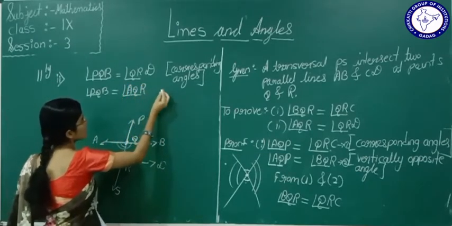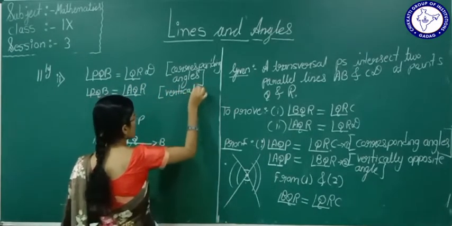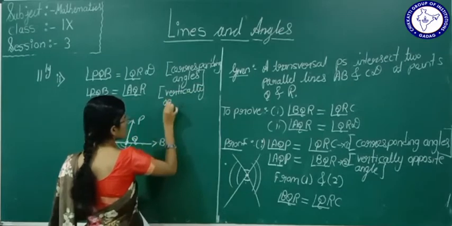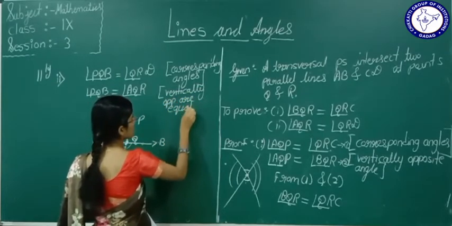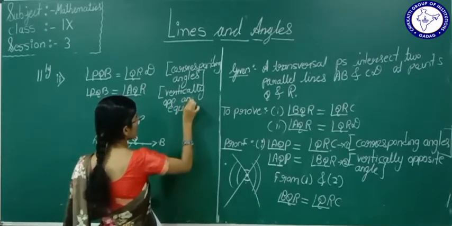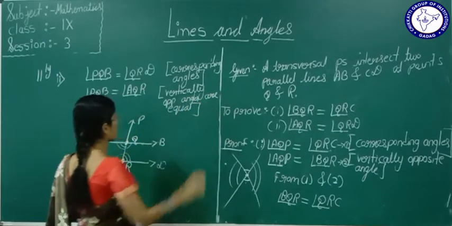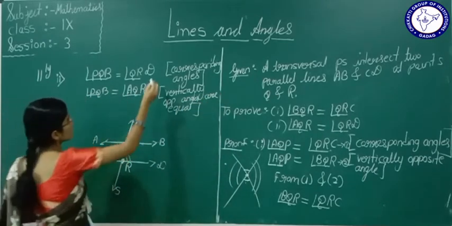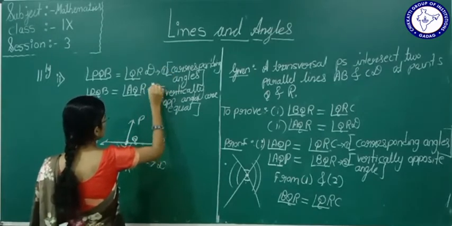What is the reason? Vertically opposite angles are equal. Okay, this is equation number 1, equation number 2.